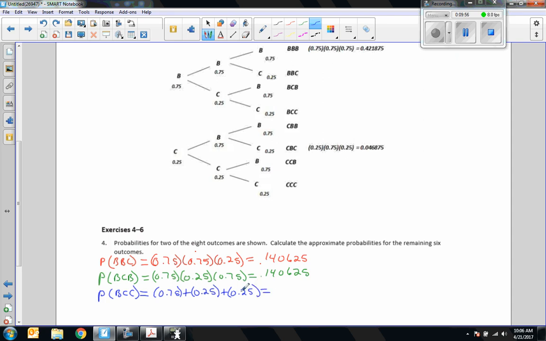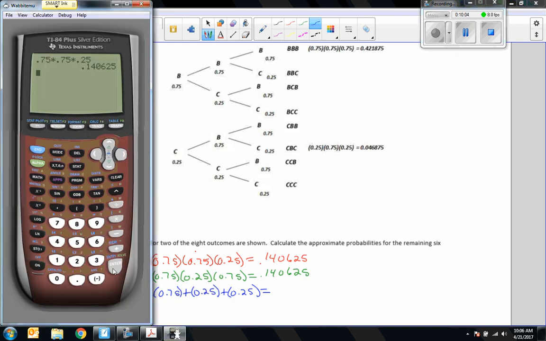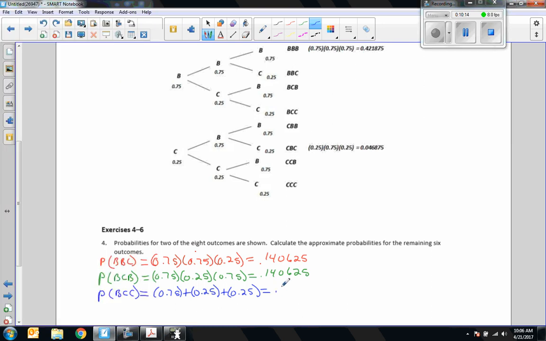Now this is going to be a different outcome because this had 2 0.75s and one 0.25, and this has 2 0.25s and one 0.75. So I'm going to do 0.75 times 0.25 times 0.25. That's going to give me 0.046875. A little bit more than 4.5%.